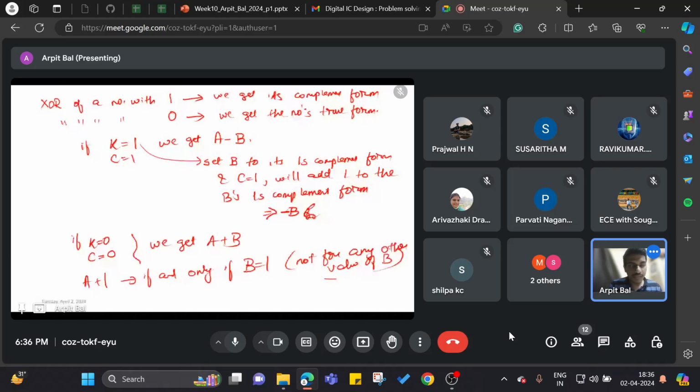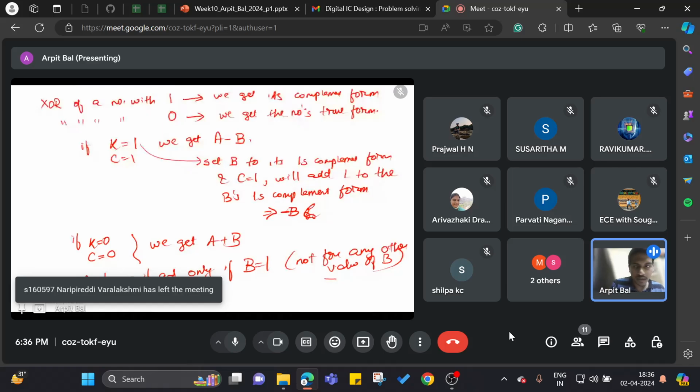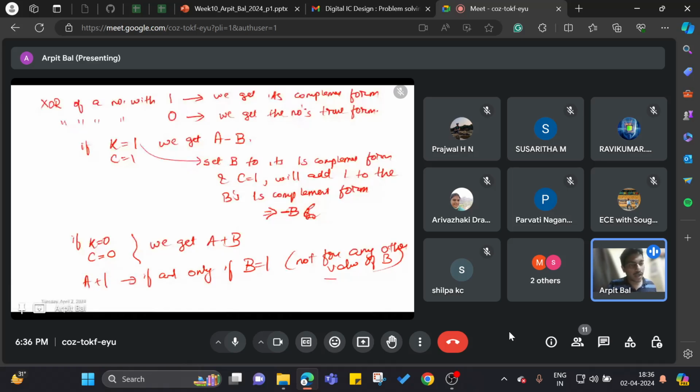So this particular question appeared in GATE Computer Science 2003. They have a portion in digital logic design, so this was from there.